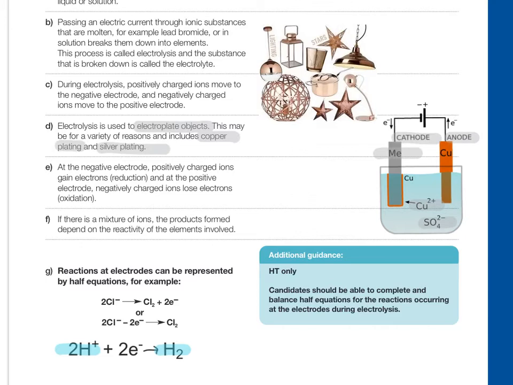In this solution, the Cu2+ ions will move to the negative cathode, where they will gain electrons. They will be reduced into the copper metal, which will coat the metal that you are wanting to electroplate.